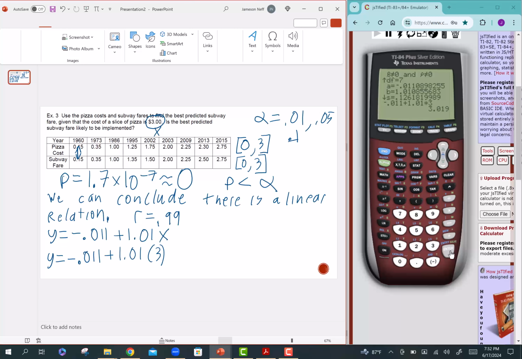Boom. It gives us that the predicted price of a slice of the subway in that case is roughly, oh, you can round up to the nearest cent, $3.02.